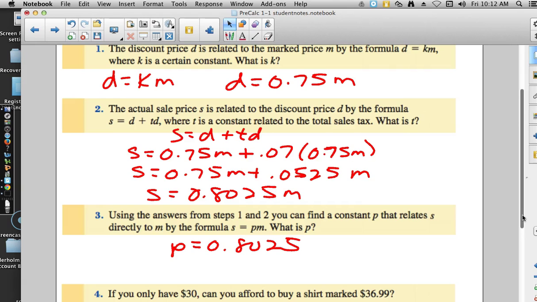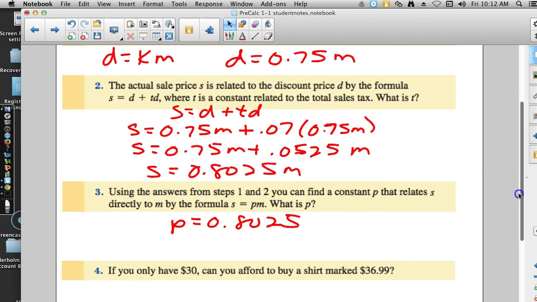For instance, if you go to the movie theater and it says $7 for everybody all the time, well, a formula to get the ticket price would be 7 times X. If you know how many tickets you want to buy, you take it times 7 and you get a number. So this is explaining that we can start with something that looks a little complicated and we can get down to something very basic that's just going to use direct variation. And so they're taking us through those steps.